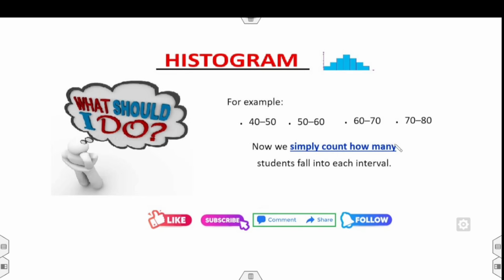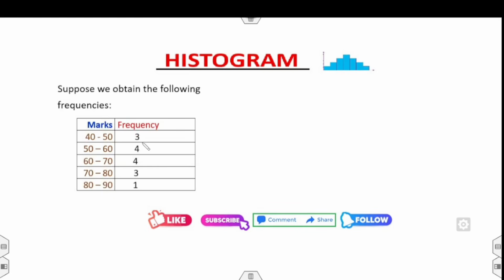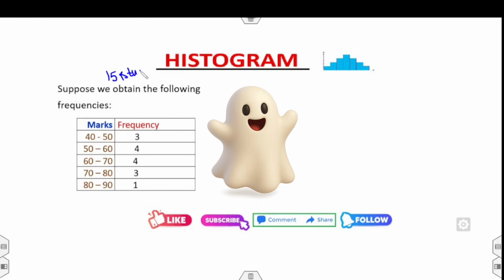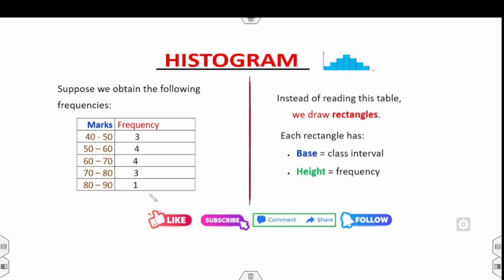So I can demonstrate with an example. Assume that I have taken a very small data set. I consider 15 students and their marks are represented in the following table. Based on this table, you can easily read the information and we can easily draw rectangles like we have seen in this picture.